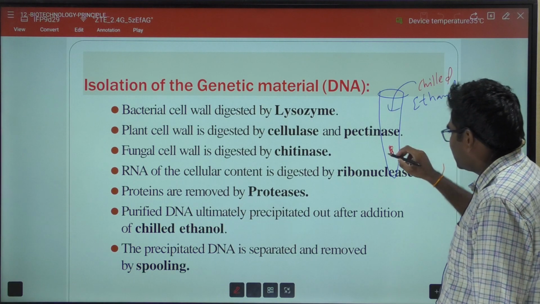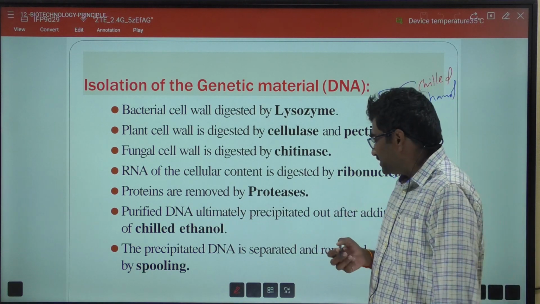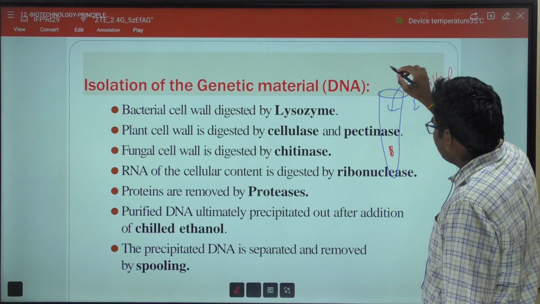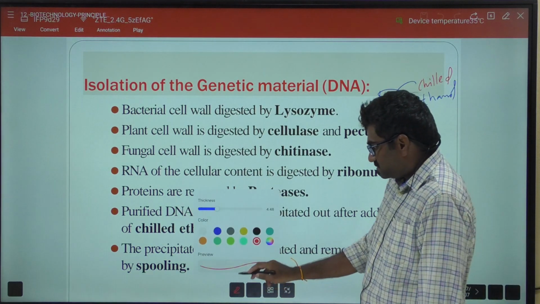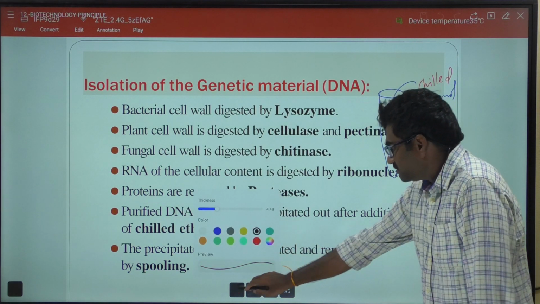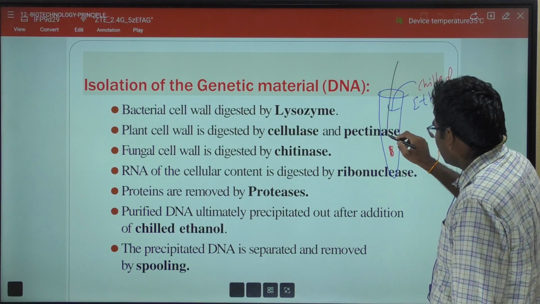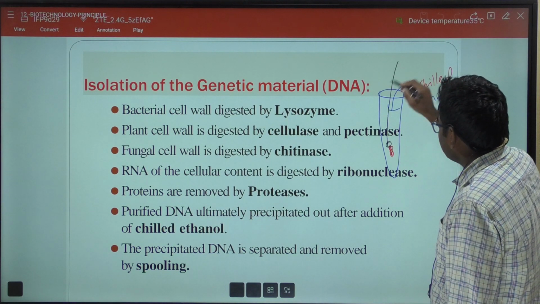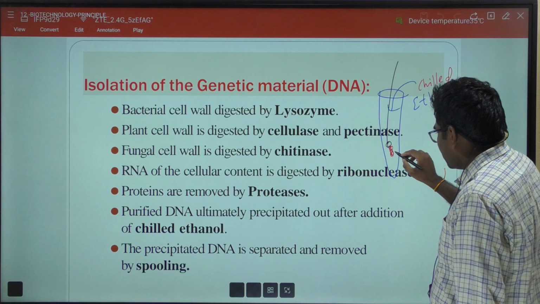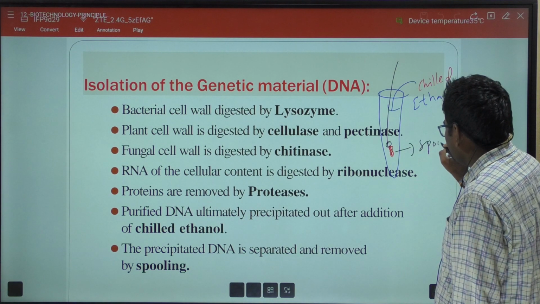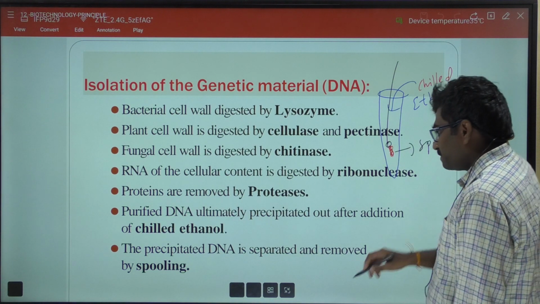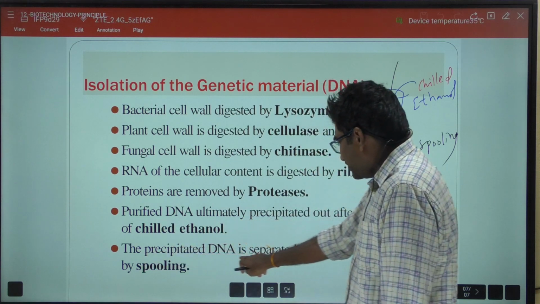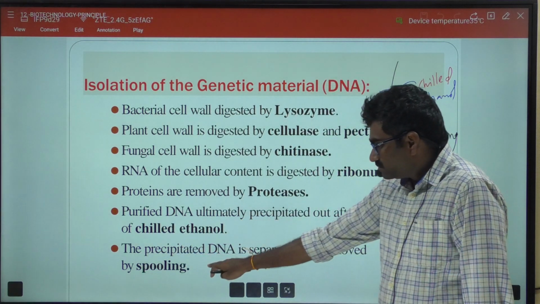After addition of chilled ethanol, DNA precipitates, and this can be removed by using a glass rod, and this process is known as spooling. Very important, spooling. The precipitated DNA is separated and removed by spooling.